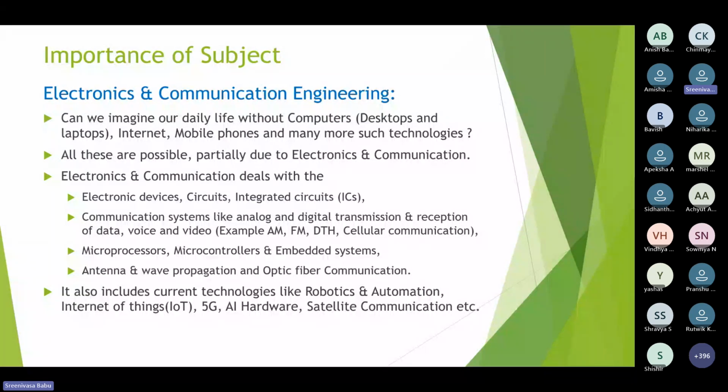Electronics and communication also includes current technologies like robotics and automation, the Internet of Things, 5G communication, and AI hardware. A lot of us believe that AI is only about software, but AI is also about hardware. So what kind of hardware, what kind of processor we need for AI, that also we can learn and discuss.